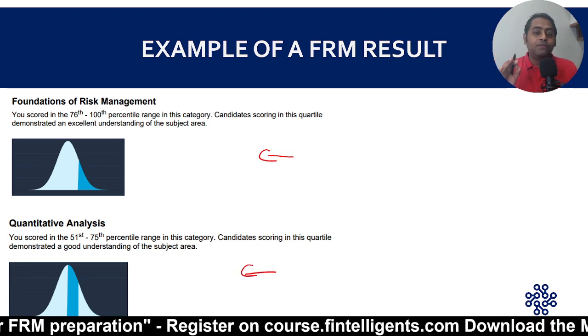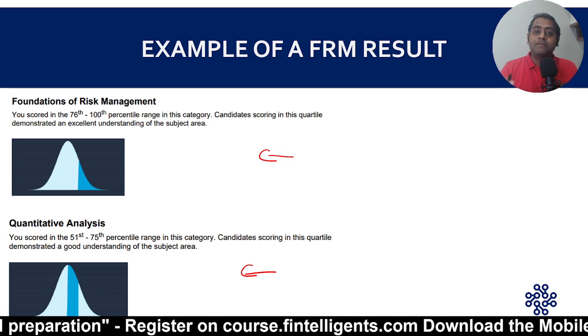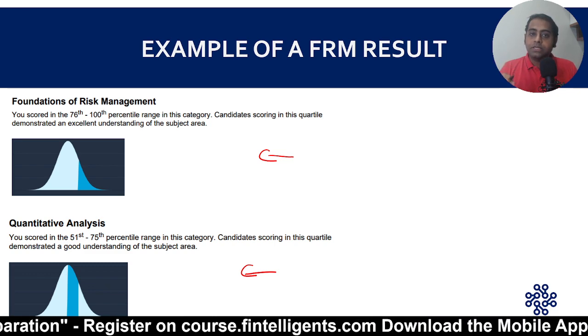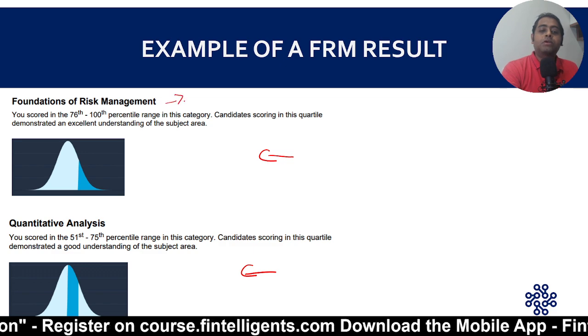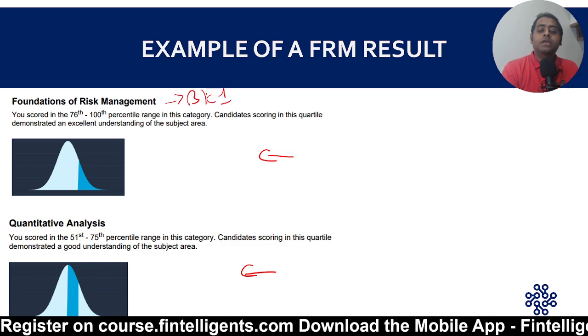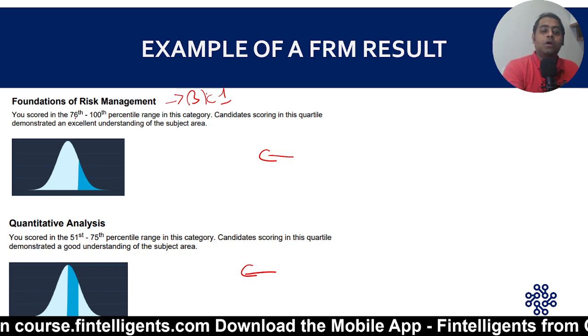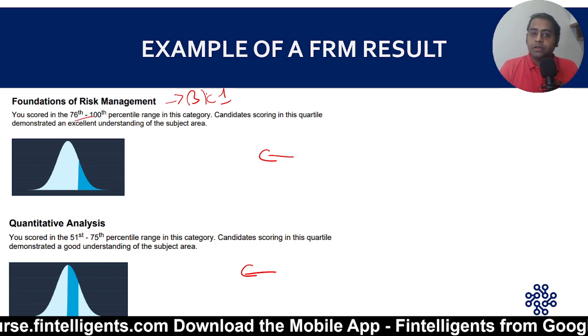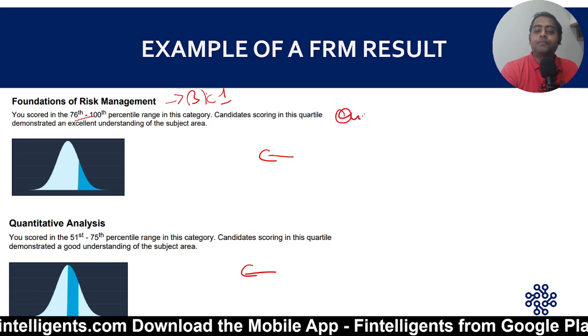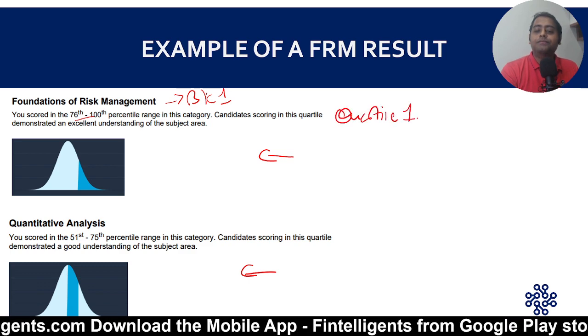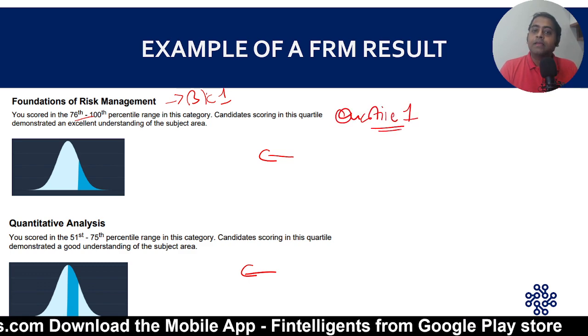But the first thing that you have to understand is that your result will be given for individual books. So the first book, Foundation of Risk Management, my student got around 76 to 100 percentile. This is quartile 1, or called the first quartile.